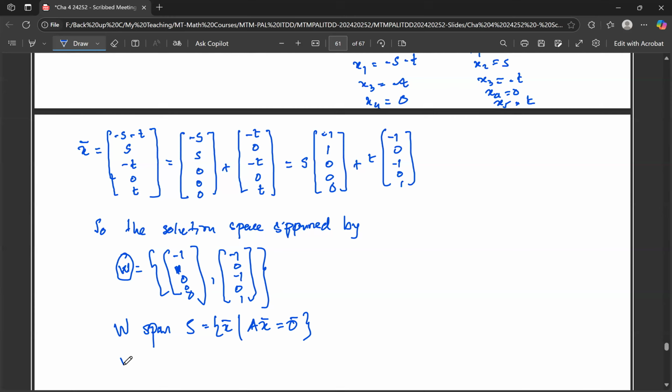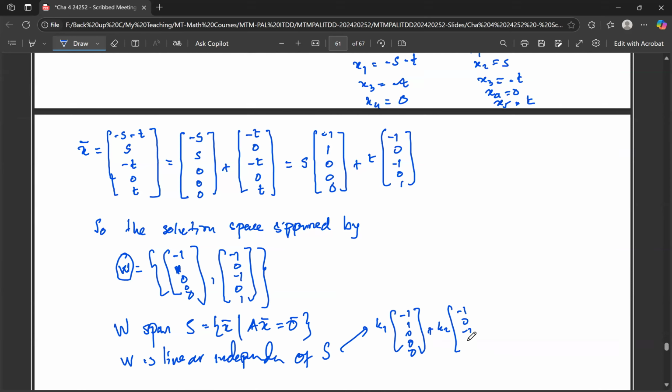We can also check that W is linearly independent. This is easy to check: k1 times minus 1, 1, 0, 0, 0 plus k2 times minus 1, 0, minus 1, 0, 1 equals 0, 0, 0, 0, 0.